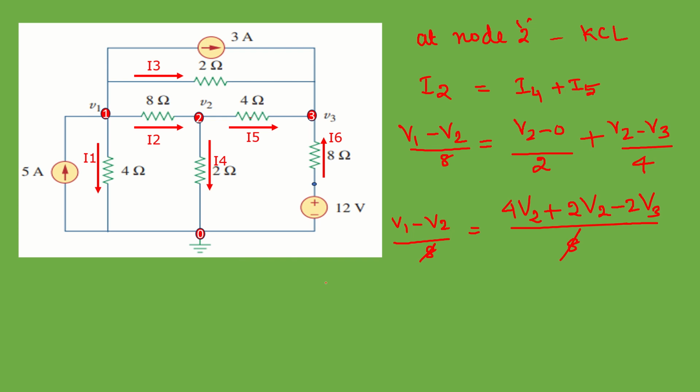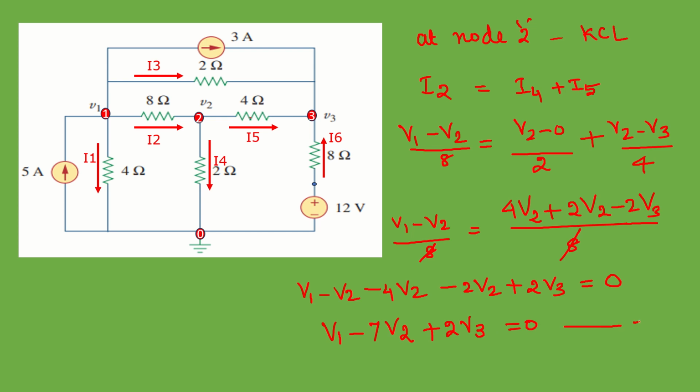So we can write this as V1 minus V2 minus 4V2 minus 2V2 plus 2V3, that is equal to 0. So it is V1 minus 7V2 plus 2V3 equals 0. This is our second equation.